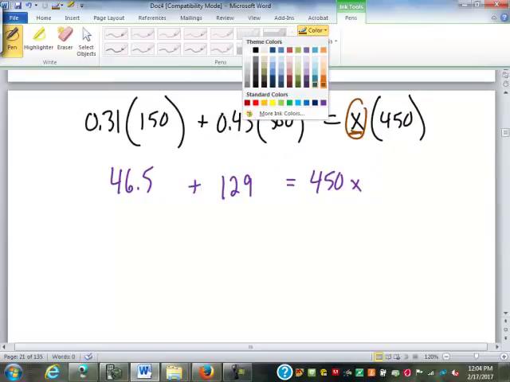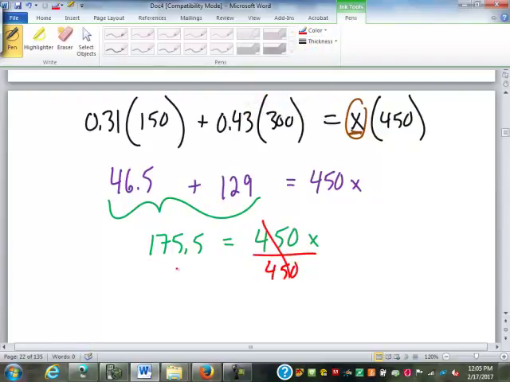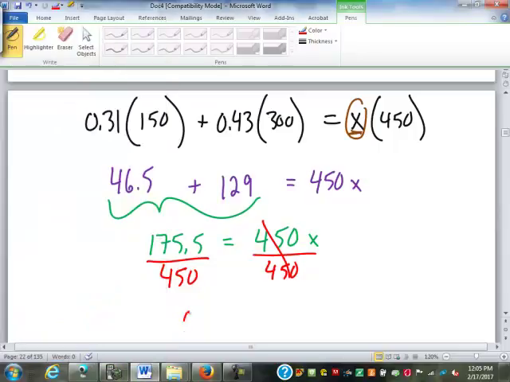So now down here, we can go ahead and combine. 46.5 plus 129 is 175.5, I believe. Equals 450x. And we're going to solve it by dividing by 450. 175.5 divided by 450 is going to give us 0.39.